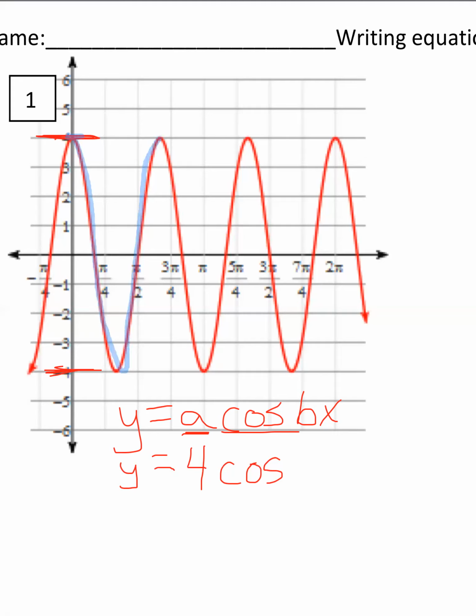That is one full cycle. Do you see that? Goes all the way down, comes all the way back up. I would not use this first method to determine what b is because it involves knowing exactly where I am when that happens, and I don't know what value that is. I did one full cycle, and I'm somewhere in between pi/2 and 3pi/4, but I don't know exactly where.